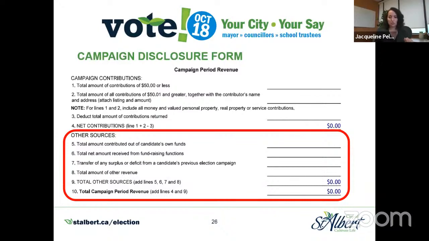So total revenue sources is added up for total contributions to calculate the total campaign period revenue, just at the bottom in line 10 there.